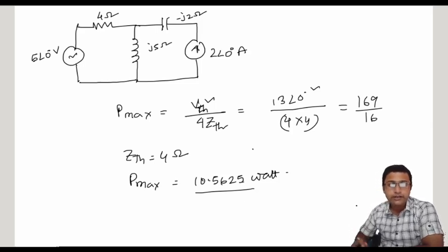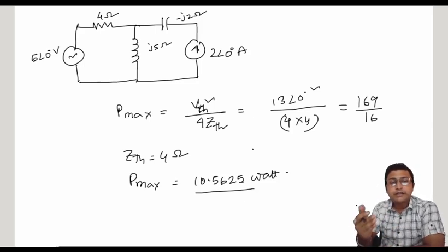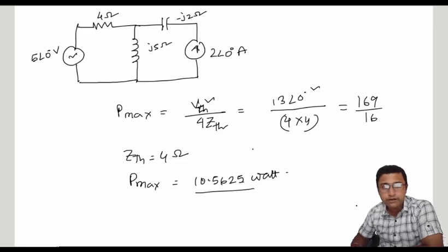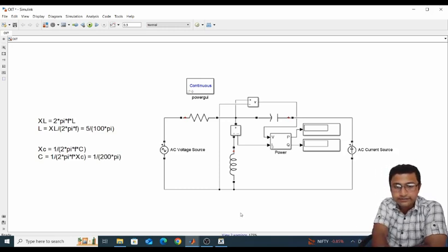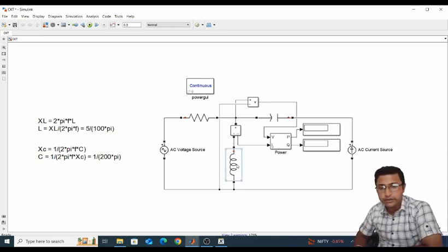Now I will check the value of the maximum power in simulation. Look, this is the same problem. Now we can find the maximum power across the load terminal. This terminal is basically the load terminal here.